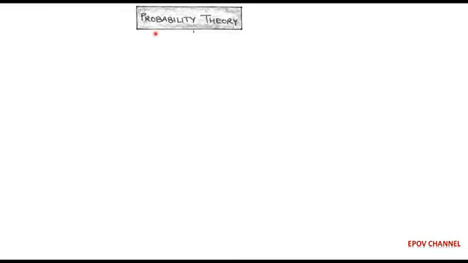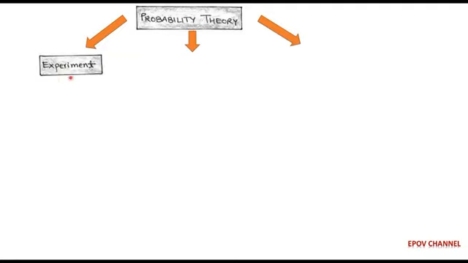Now, before discussing random variables and random process, we go through the concept of probability theory. In probability theory, we mainly focus on 3 points. First is called experiments. So, what is an experiment?